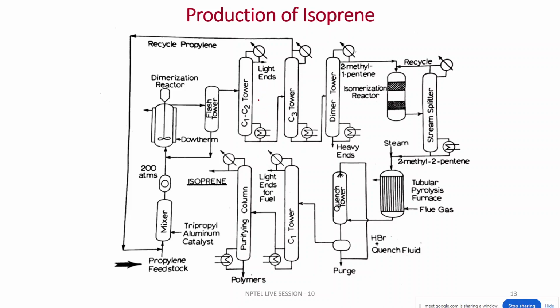In this production of isoprene, we are giving the feedstock of propylene, and it is mixed with the tripropyl aluminum catalyst. In the reaction we have seen, in the first step we have used some aluminum based catalyst. It is mixed and pressurized to 200 atmosphere, and then it is sent to the stirred tank reactor.